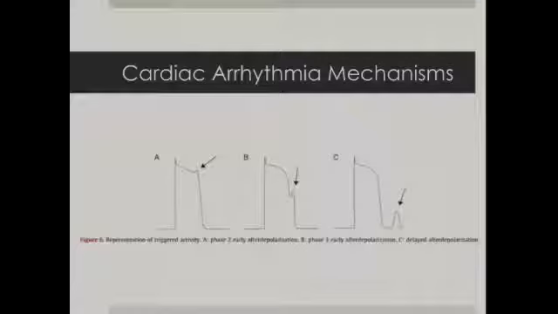This is really boring. So with triggered activity, you get early and late afterdepolarizations. These are interesting to us because they cause different things. Delayed or late afterdepolarizations are commonly caused by digoxin, or digitalis, which is the medication that we use to slow atrial fibrillation in most patients. If you get too much digoxin or become digitoxic, you can have delayed afterdepolarizations causing torsades, which equals death.